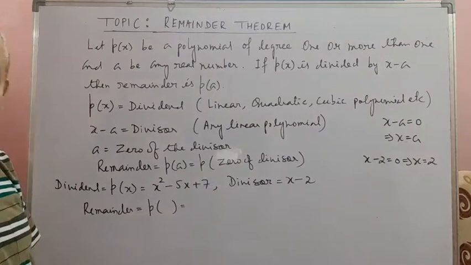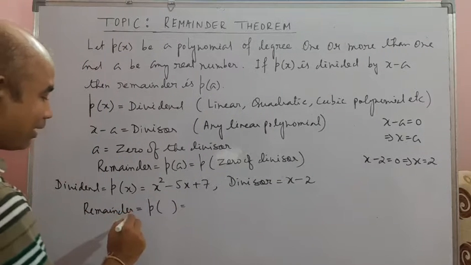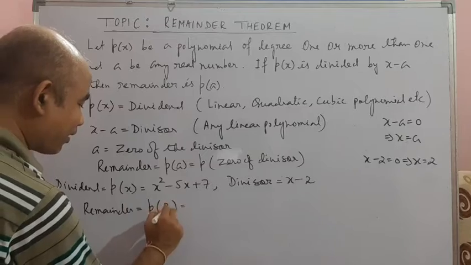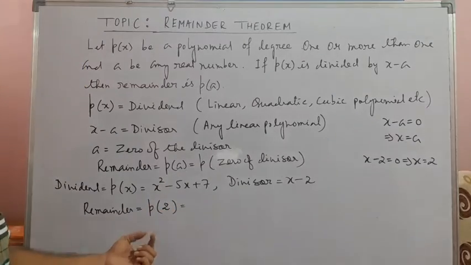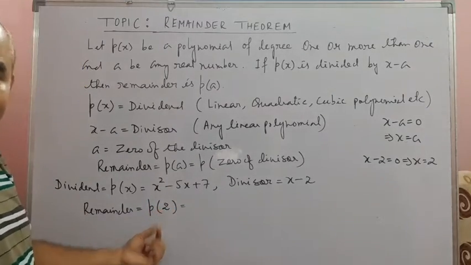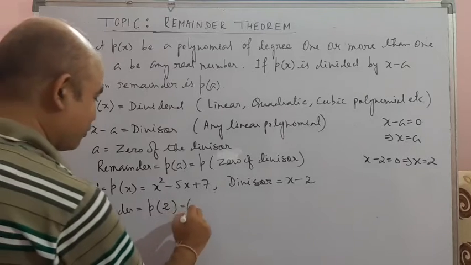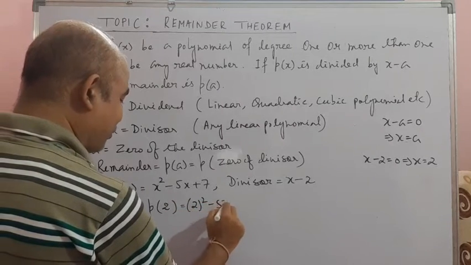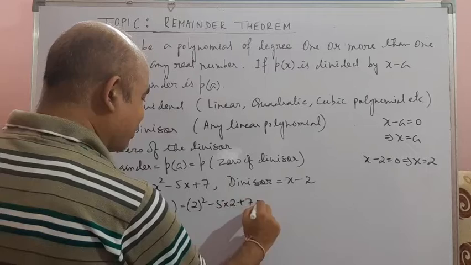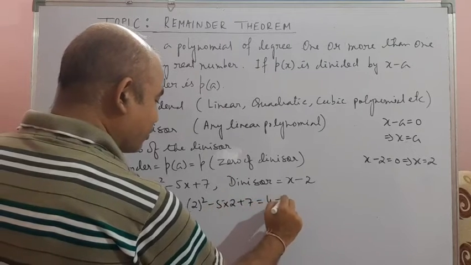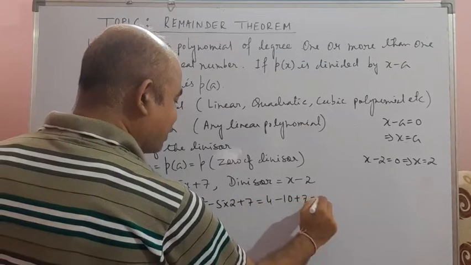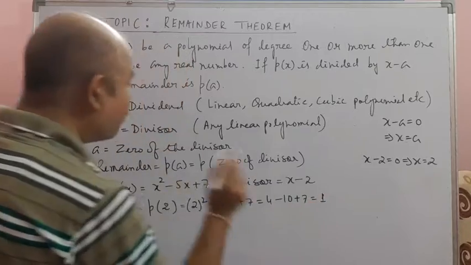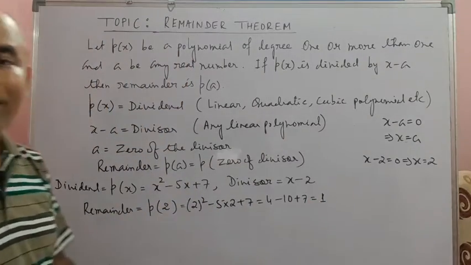That is the zero of our divisor. So to find the remainder, in place of x I have to write the zero of the divisor, that means I have to write 2. Then what will be the answer? 2 square minus 5 into 2 plus 7. 2 square is 4, 5 into 2 is 10, plus 7. That means 4 plus 7 is 11, minus 10. 1 will be the remainder.